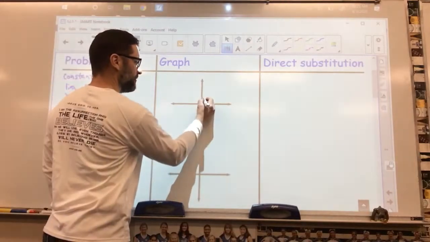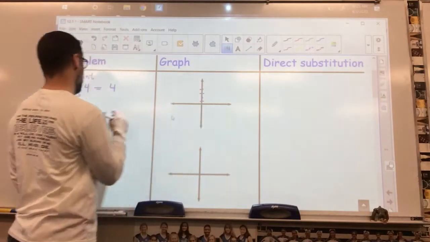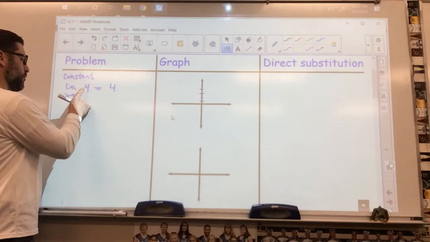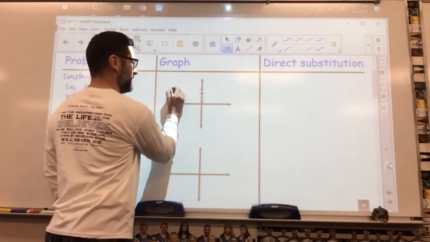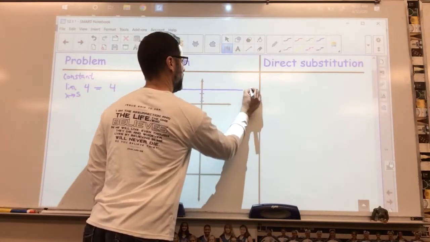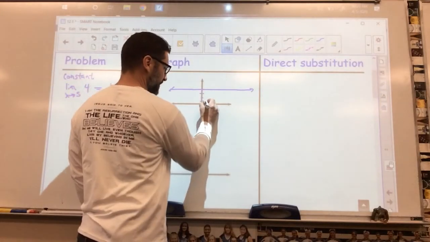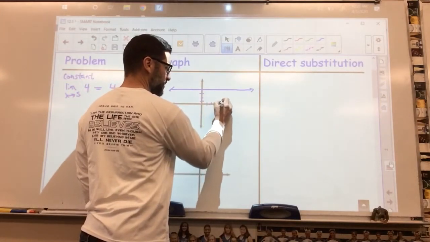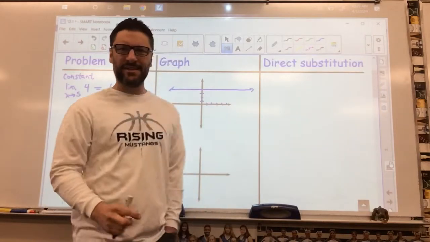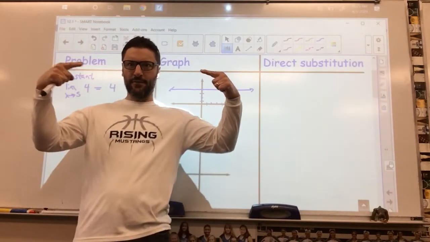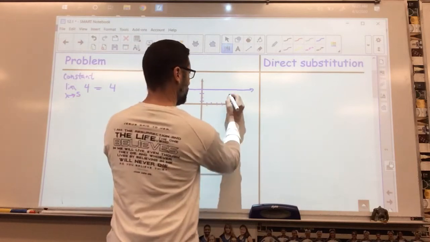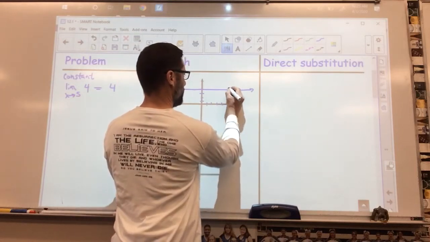And let's think about this graphically. 1, 2, 3, 4. This is the equation y equals 4, and if I graphed y equals 4, I would have that picture. And then this one's the limit as x goes to 5. So I'd go out to 1, 2, 3, 4, 5, and I ask myself, at 5, does the graph come together? I'll just put a little dot here at 5.